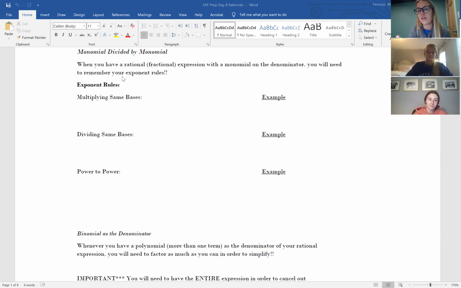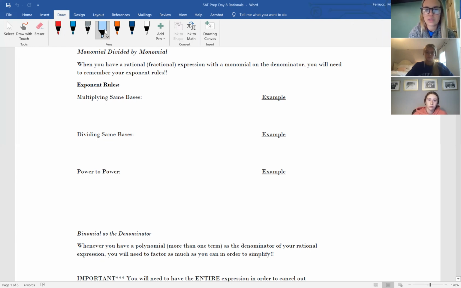Yeah, so factoring helps with these as well. So that's good that you guys have already reviewed factoring in your class. So when you have a rational fractional expression with a monomial on the denominator, you will need to remember your exponent rules. So monomial is just a fancy way of saying one term.